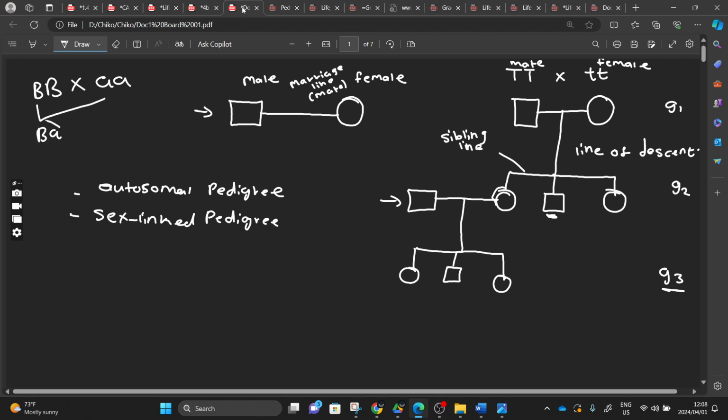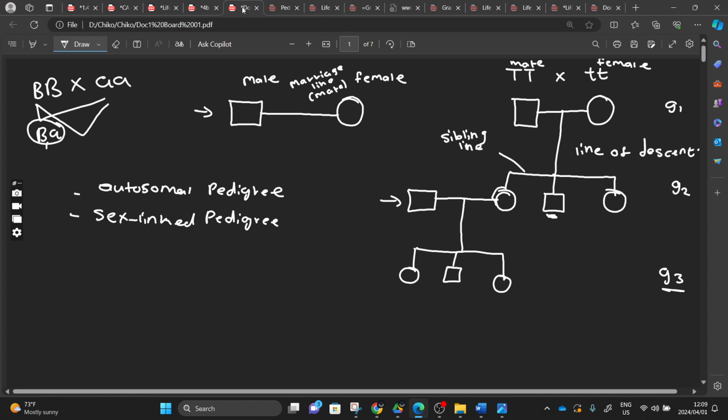With this offspring, in these monohybrid crosses, we are not sure if this is a girl or a female. We are just going to say whether they are going to be a female or a male. There's a possibility of this offspring being 100% black. Whether that person, he or she, is a male or a female, they are going to be black.